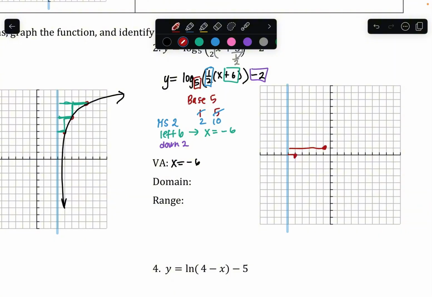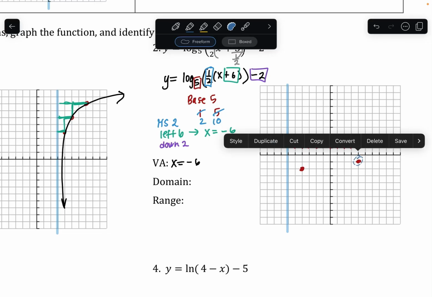Okay, and so because of the stretch, it's now 2 and 10. So I have a 2 away point, and I have a 10. And the vertical distance is still 1 because we don't have a vertical stretch or compression. Okay, and so the last thing we need to take care of is the down 2. And so we need to shift the x-intercept down 2, and we need to shift this point down 2.